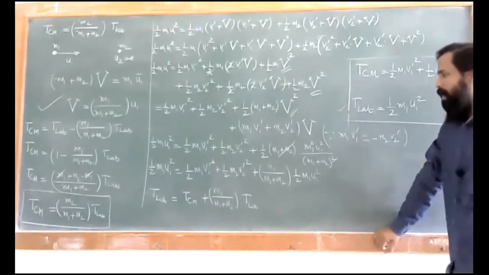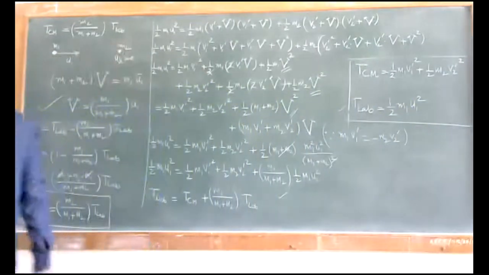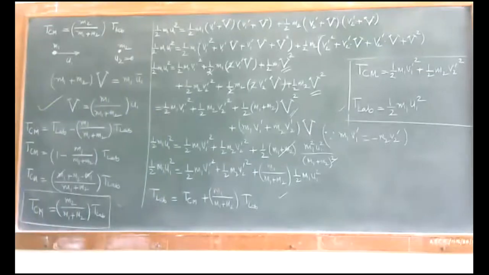That is our relation. So finally we get the relation between your center of mass frame and laboratory frame. Either T lab is equal to m1 plus m2 upon m2 multiplied by T CM, or T CM is equal to m2 divided by m1 plus m2 into T lab.